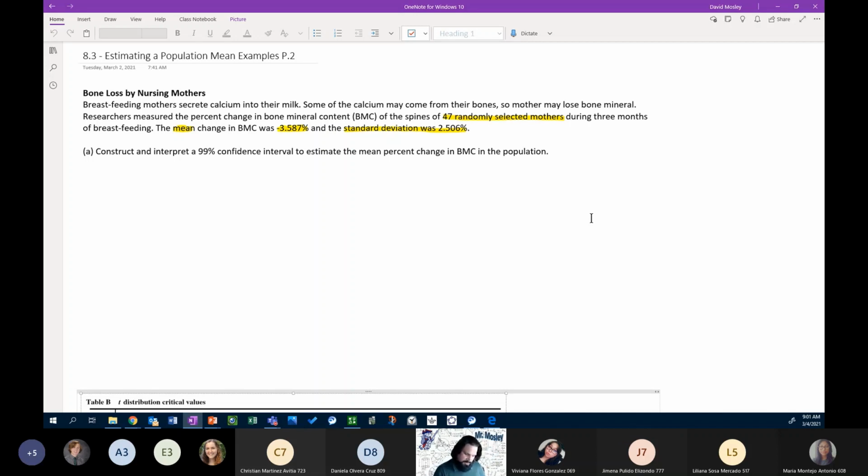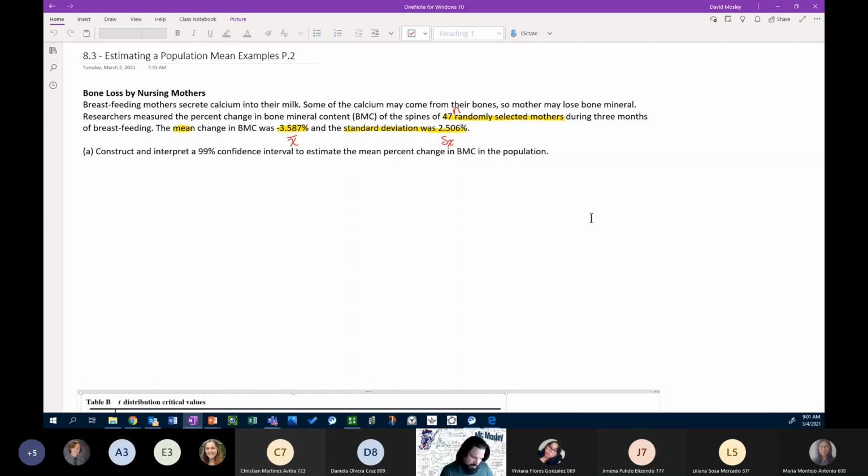We know that 47 is the n, our sample size. Negative 3.587% is x bar. 2.506% is our s sub x. We're constructing and interpreting a 99% confidence interval to estimate the mean percent change in BMC in the population.